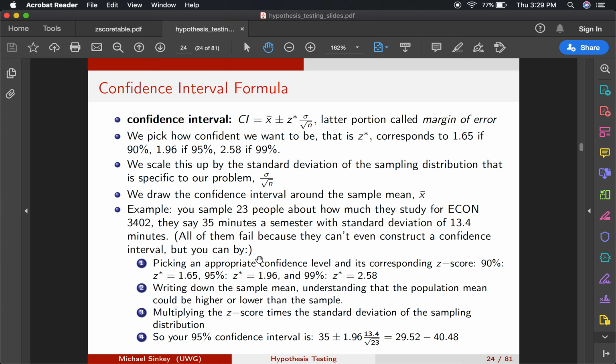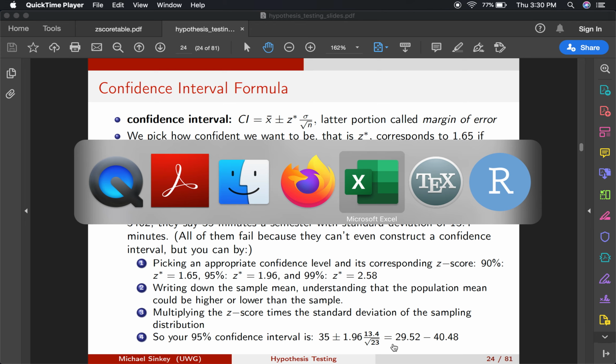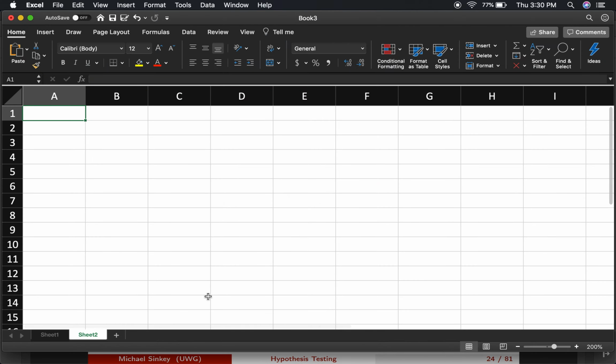Let's say I want a 95% interval. I plug in a z-score of 1.96. I plug in the standard deviation for sigma. That's 13.4. I plug in the sample size of 23. That's right down here. I add to get the right portion. I subtract to get the left portion. That's my confidence interval.